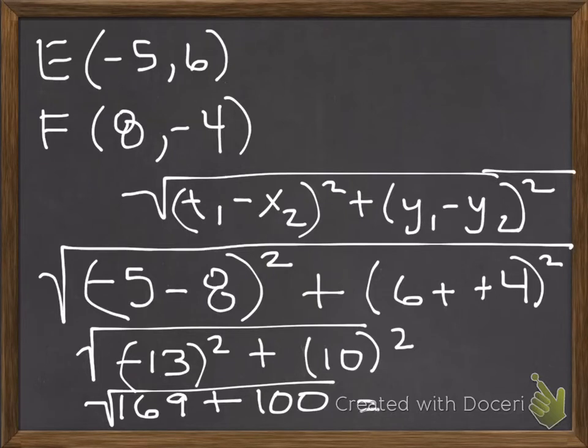And if we combine that, we get the square root of 269. And the answer in terms of square roots can be left like that, since sometimes the distance on a coordinate plane is an irrational number, so we can just leave it as the square root of 269. So this is our final answer.